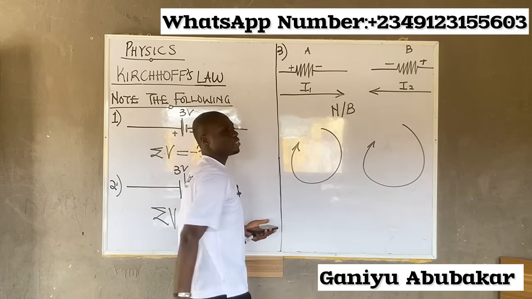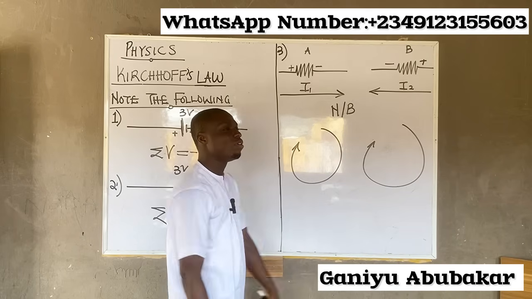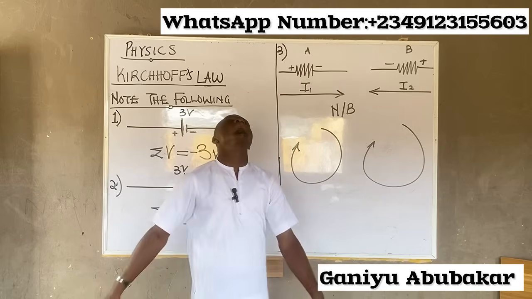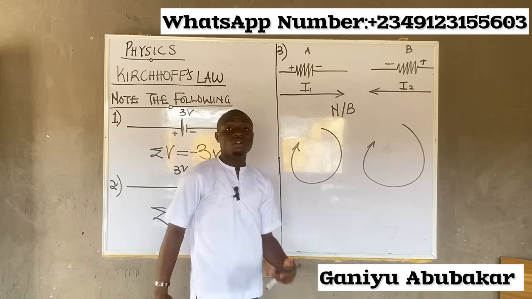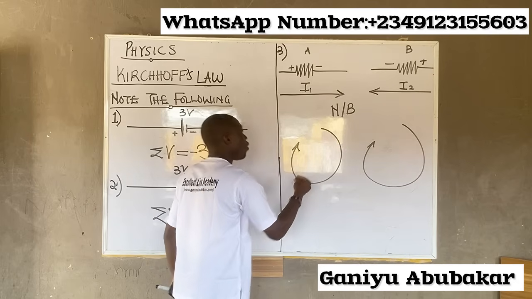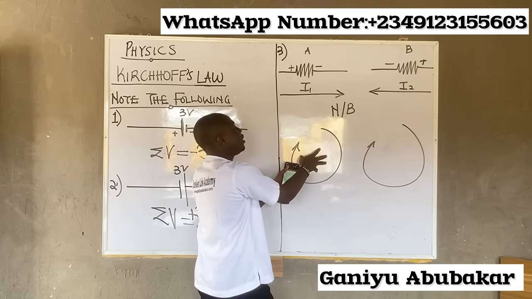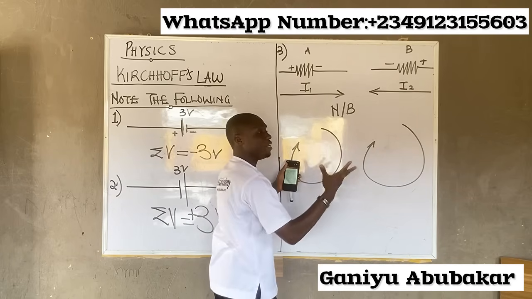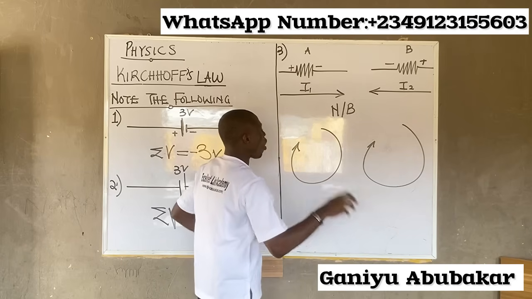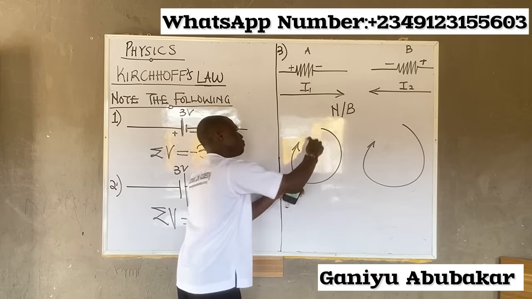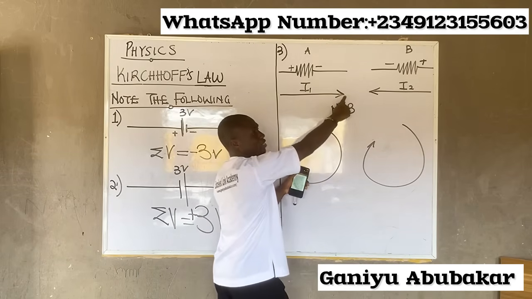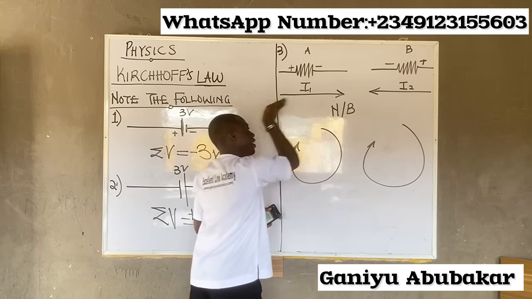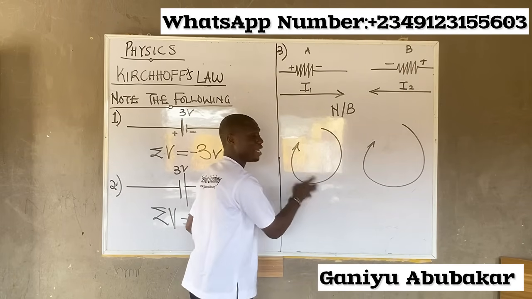If they are the same, I said if the direction of the assumed current is corresponding with the direction of the given current, take V as negative. So observe that this assumed direction is following the pattern of the original current. It means they are almost the same thing, they are alike. This one too follows the same direction, so I'm taking V as negative.